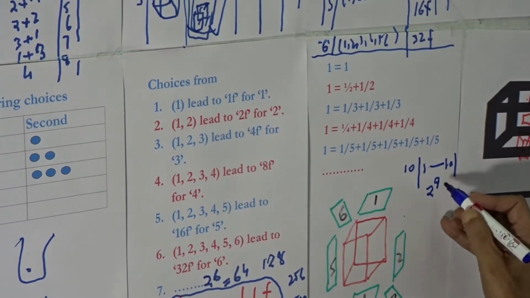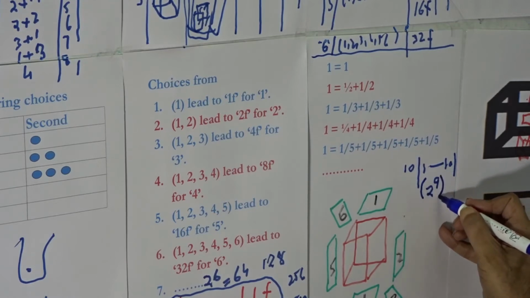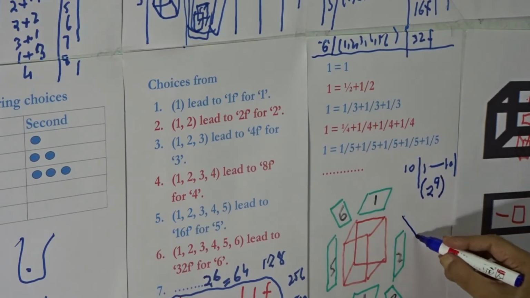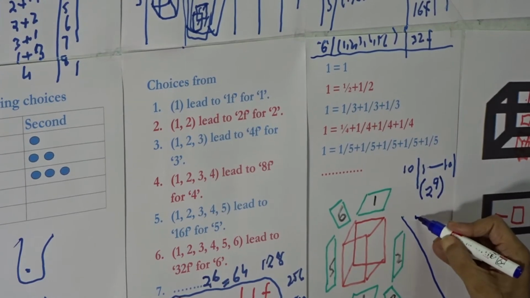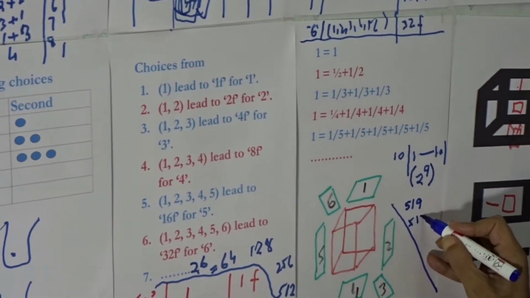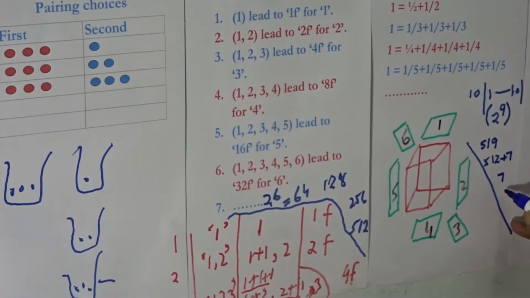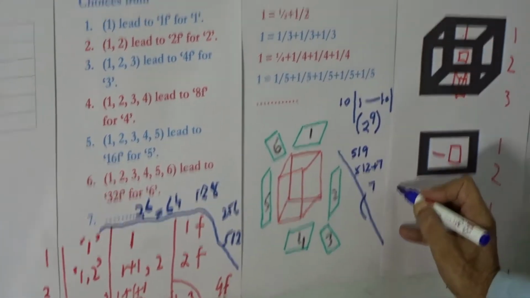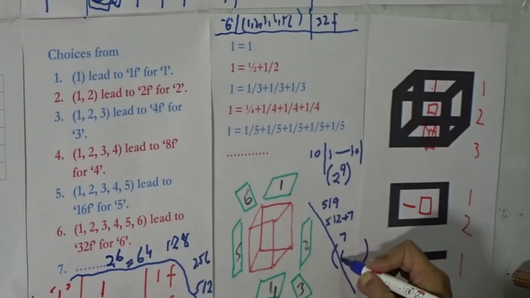The value 2 raised to power 9 is going to be important for us, as we know the total letters of the text of Ganita Sutras and Upsutras is 519, which makes 512 plus 7, and we know the 7 letters are Anurupe, which is within brackets, the formulation for Sutra 6.